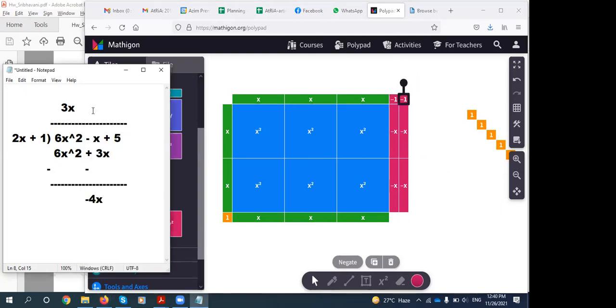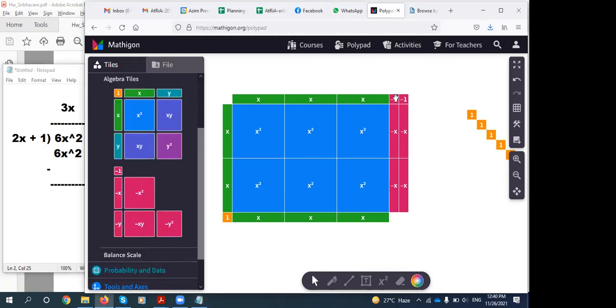So now we can put here minus 2. If we have negative 2 here, we should have negative 2, positive 1. What should come here? Negative 2. But we only have positive ones. We don't have negative ones.